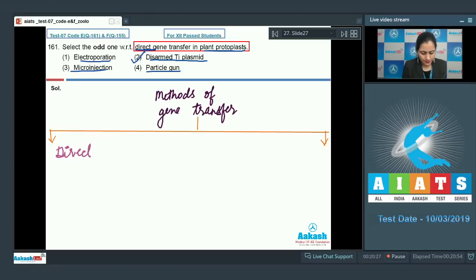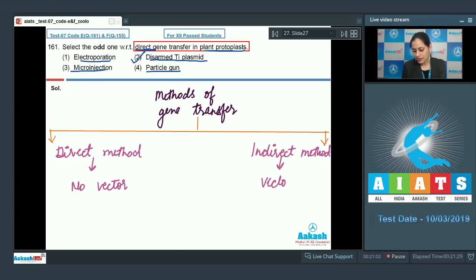Direct method of gene transfer does not involve a vector, whereas indirect method of gene transfer involves the use of vectors. So we have to find out. Disarmed Ti plasmid is a plasmid. It's a vector. So it is a type of indirect method of gene transfer in plant protoplast.